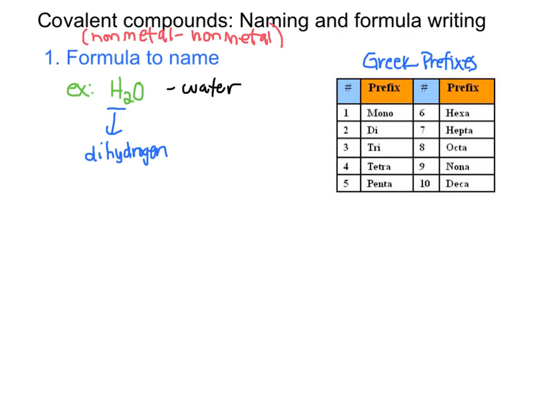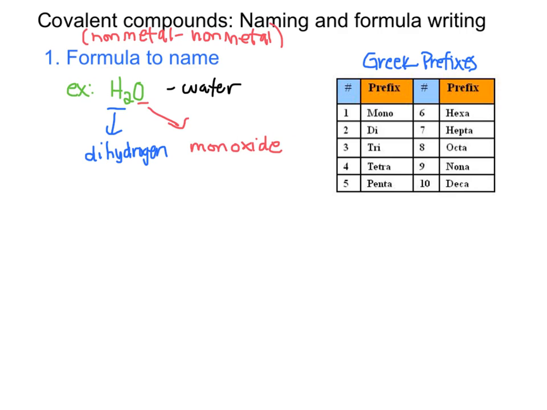And then, of course, there's an oxygen, and there's one of them. So the prefix for 1 is mono, so the rest of it becomes monoxide. So dihydrogen, 2 hydrogens, monoxide, 1 oxygen.